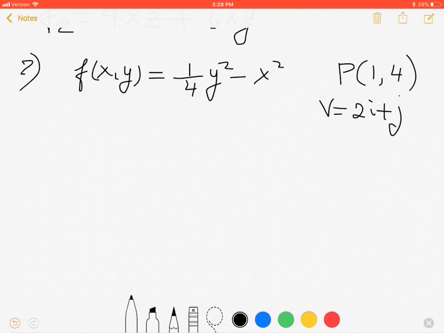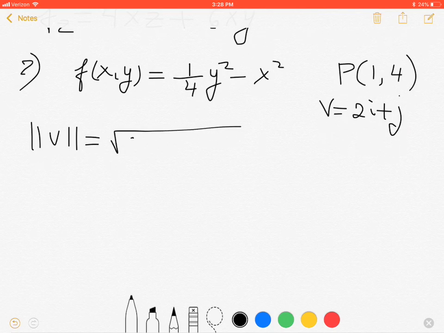When we talk about the directional derivative, as you remember, first we check our vector. The vector needs to be a unit vector. This means its norm needs to be 1. What about vector v? We have the square root of 2 squared, which is 4, plus 1 squared for coordinate j, which is 1.